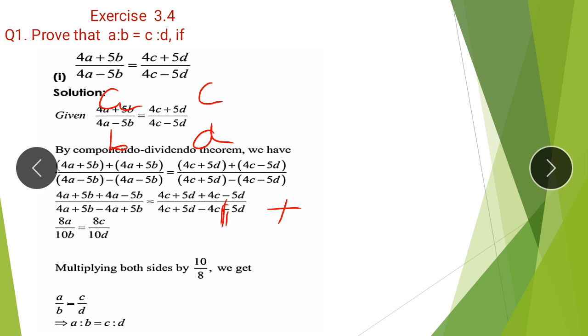Therefore we will multiply both sides by 10 upon 8 in order to eliminate 8 upon 10. When we multiply, 8 upon 10 will get cancelled, and we will just have a divided by b and c divided by d, which can be written in ratio form like a ratio b equals c ratio d. So hence by application of the componendo and dividendo theorem, we got the simplified form, and found the ratio a ratio b is equal to c ratio d.